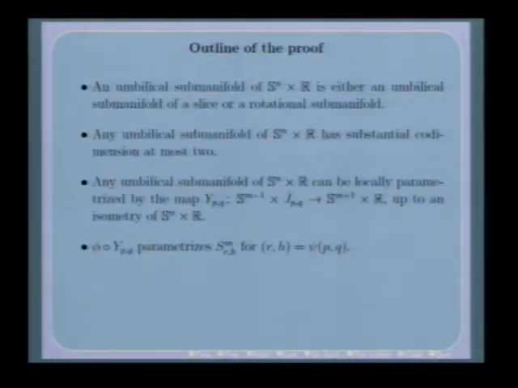Well, a brief outline of the proof. We first show that an umbilical submanifold is always rotational. Well, I forgot to say, besides that two-parameter family, we have obviously a further one-parameter family, which are small spheres in a slice.